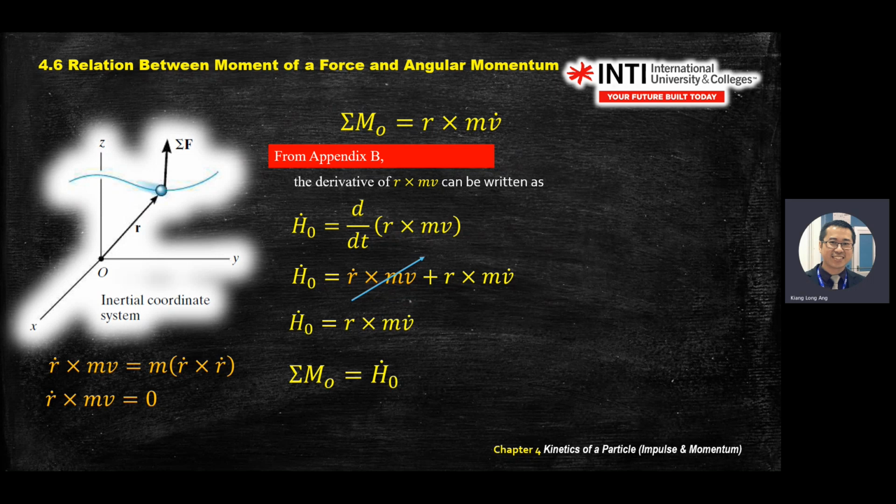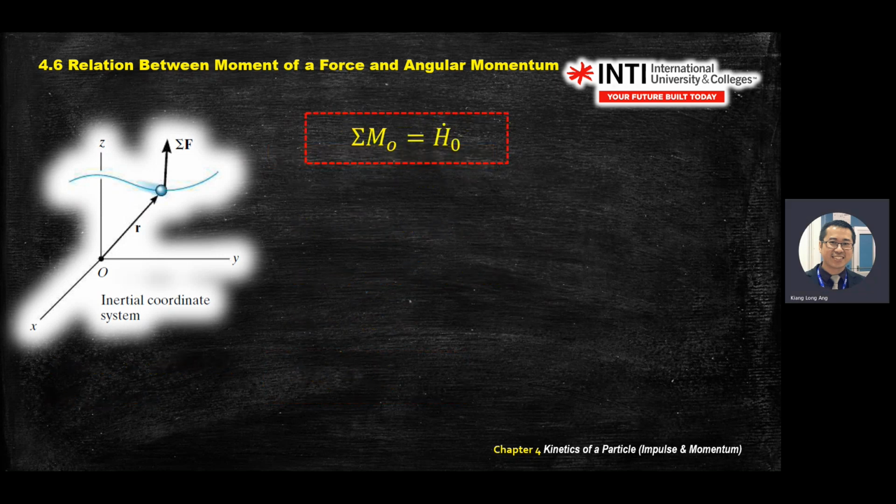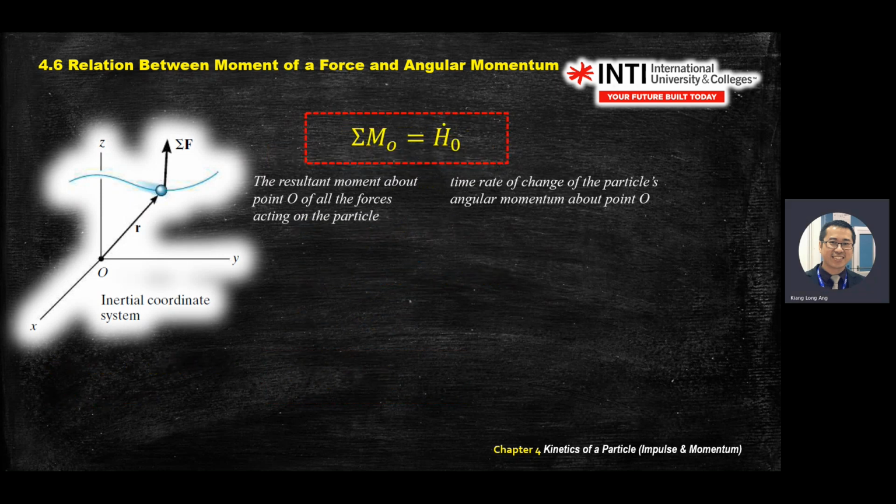It's just mathematics, so I will go very fast. What is important is that you can equate all the moments inside the system to the rate of change of your angular momentum inside the system.